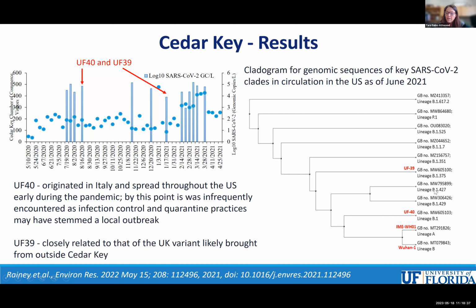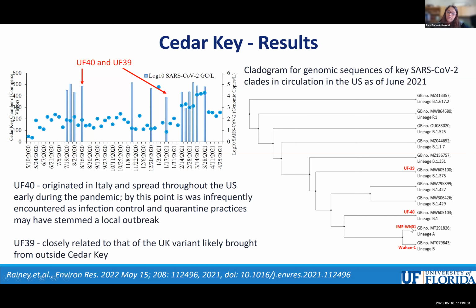The closer they are to each other, the more related they are. The Wuhan 1 strain is what we're calling our reference strain, which was the first reference strain put together for the SARS-CoV-2 virus. These viruses tend to mutate over time, and those mutations are associated with different levels of sickness, if you will, when they infect people.